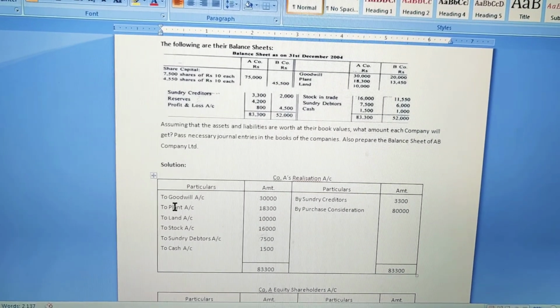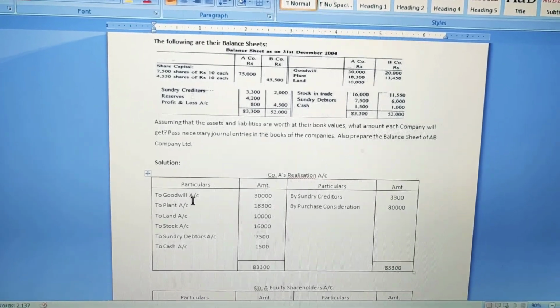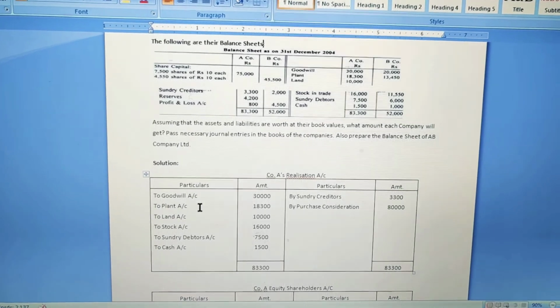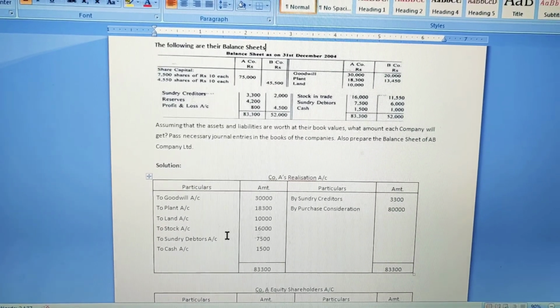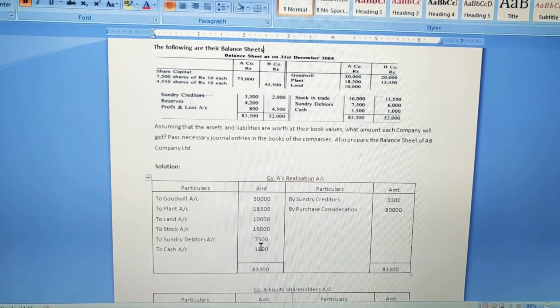So here you will pass this as: to goodwill account 30,000, to plant account 18,300, to land 10,000, to stock in trade 16,000, to sundry creditors 7,500, to cash 1,500.